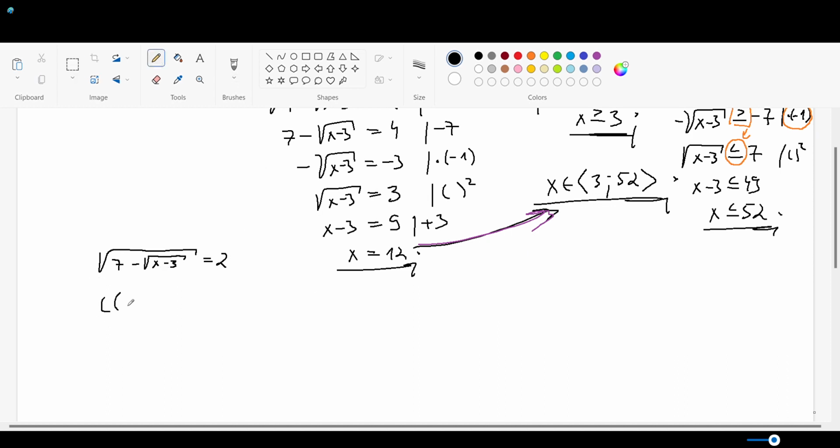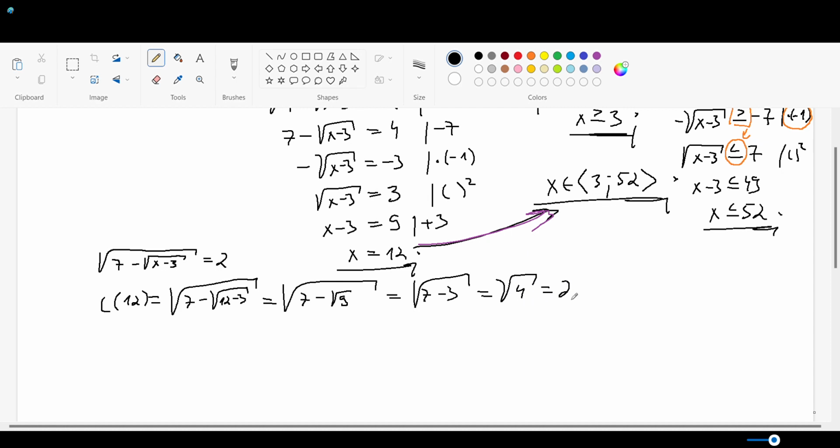Left side for x being 12 is equal to square root of 7 minus square root of 12 minus 3, which is square root of 7 minus square root of 9, which is square root of 7 minus 3, which is square root of 4, and this is equal to 2. Good news, right side for 12, as this is a constant function here, is equal to 2, so left side is equal to the right side.